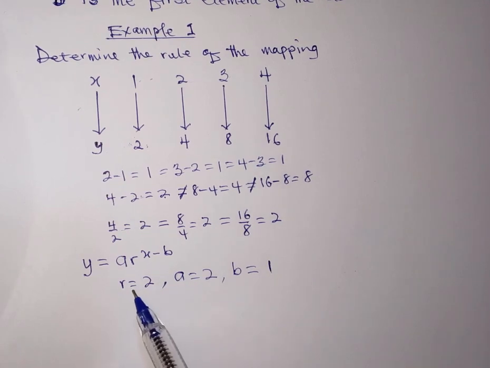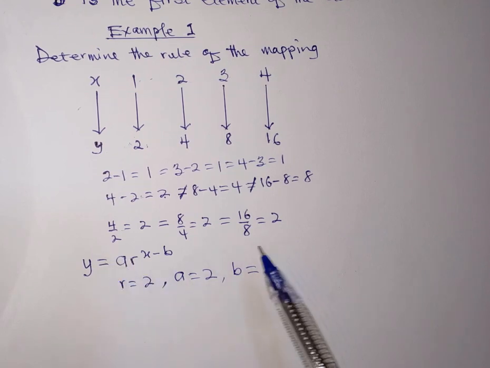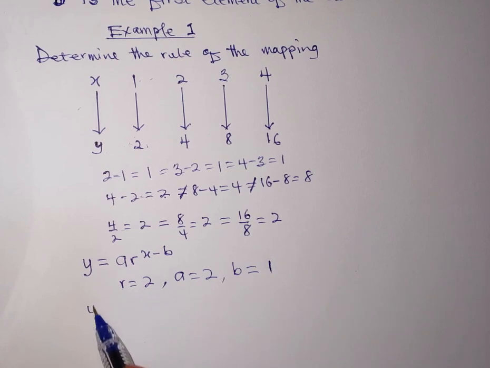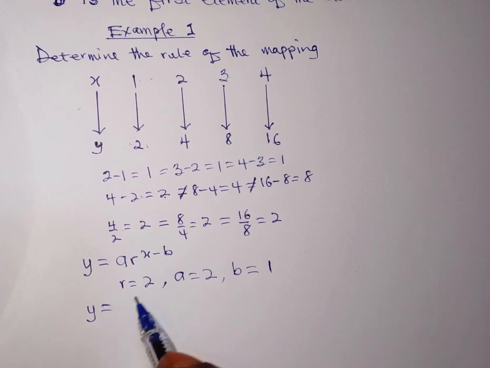Once we are able to get the values of r, a, and b, then we can just quickly substitute into the general formula, and then we get our rule. Then I can write my rule for this mapping as y is equal to 2, and then I have r. I'll put the r into parentheses because of the exponent.